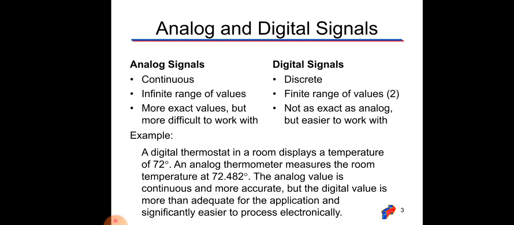The analog value is continuous and more accurate, but the digital value is more than adequate for the application and significantly easier to process electronically. So this is an example of how the accuracy differs in both signals.